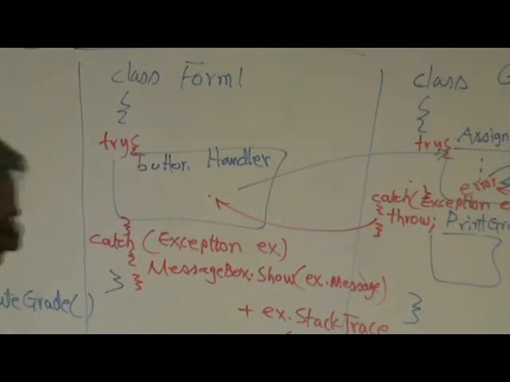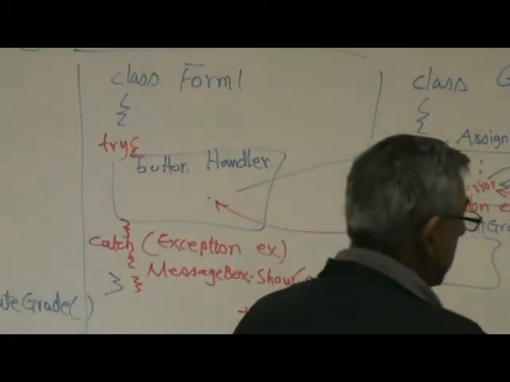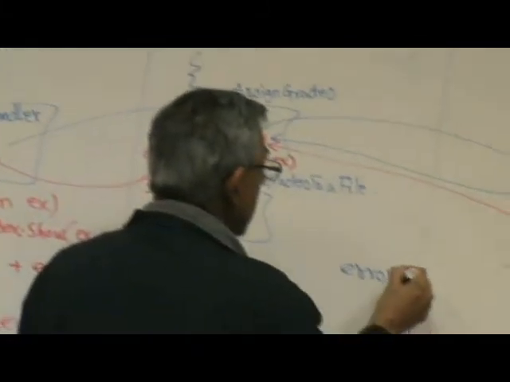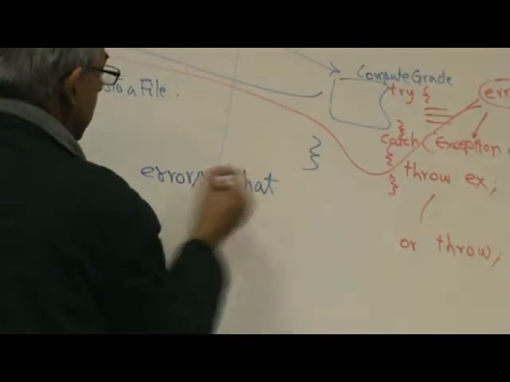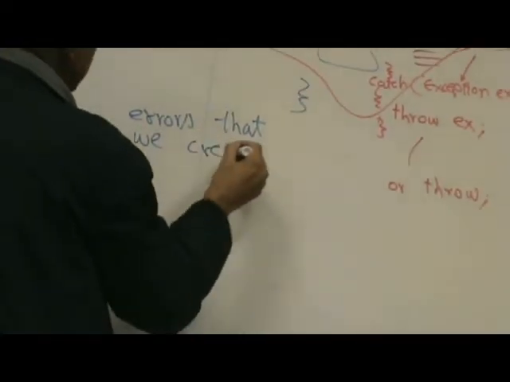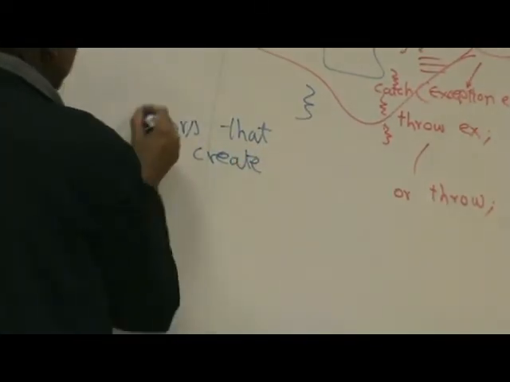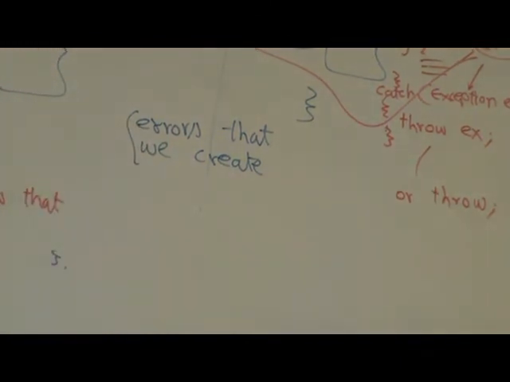Okay, but there are errors that we create because they do not make sense according to our business logic. Okay, for example, let's pretend a student has no grade for test 1. Okay, maybe the student was sick.